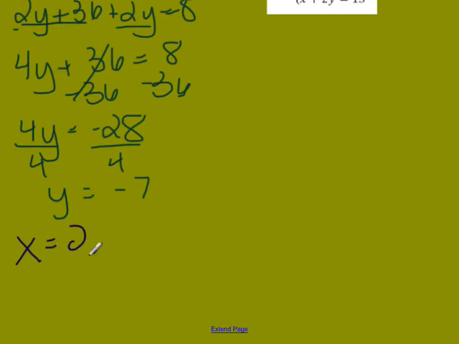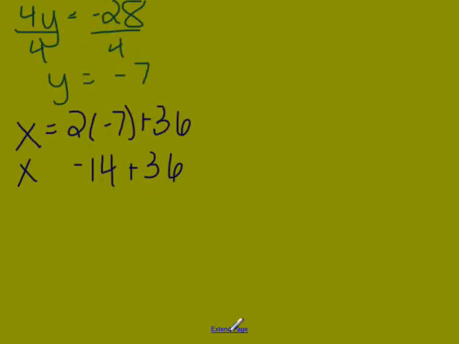However, instead of writing y, I'm going to write negative 7, because I know that y is equal to negative 7. Then I get that x is equal to negative 14 plus 36. Negative 14 plus 36 is going to give me 22. So I get that x is 22.